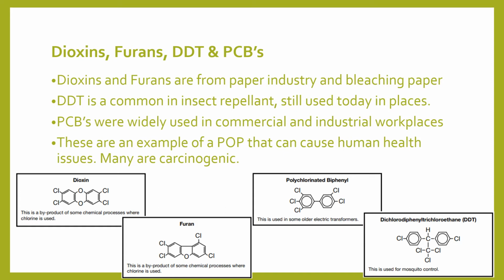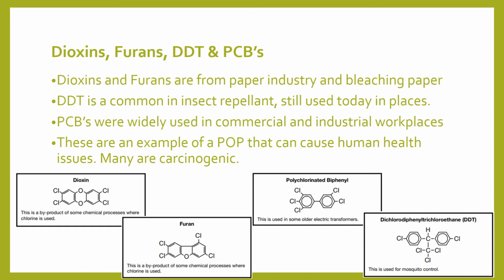Dioxins and furans come from the paper industry and from bleaching paper, because when you think of it, paper is just cut up little bits of tree, right? When are trees ever that white? And so this is part of the industrial processing that can happen with these fumes. And if these fumes are just let free, well, you can see these benzene rings and they persist, but they also have these chlorine molecules which can become reactive. They can become very, very dangerous.